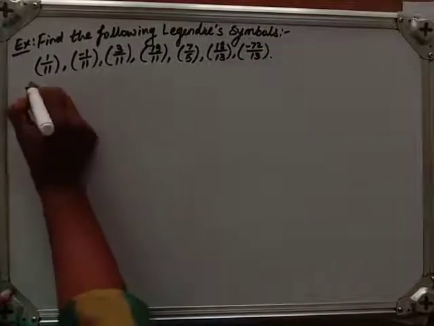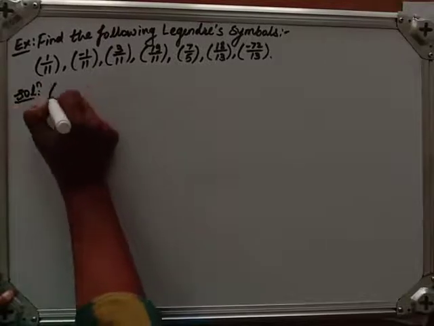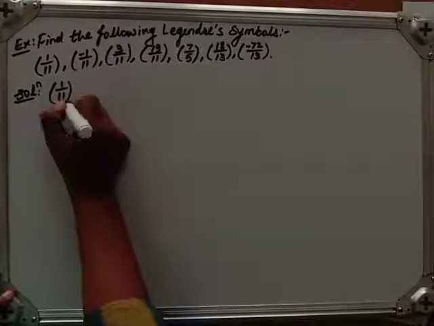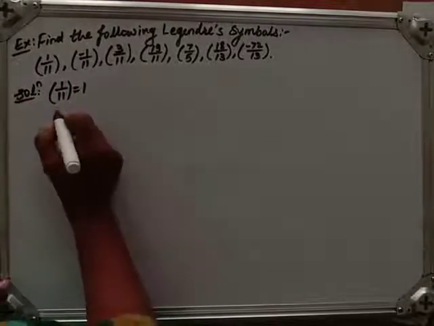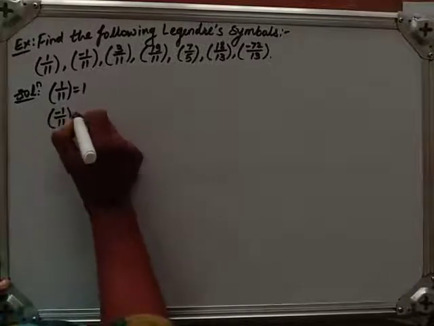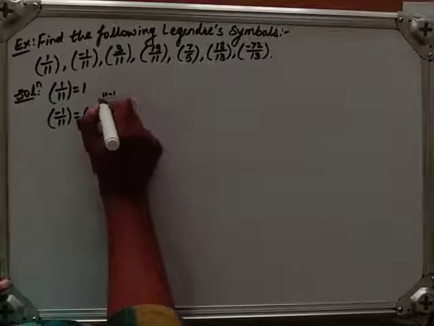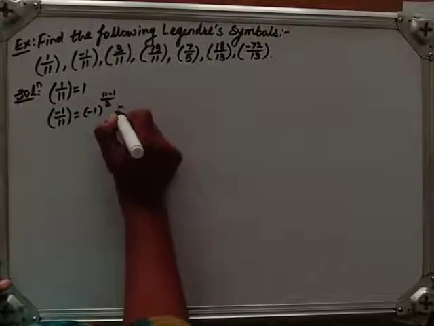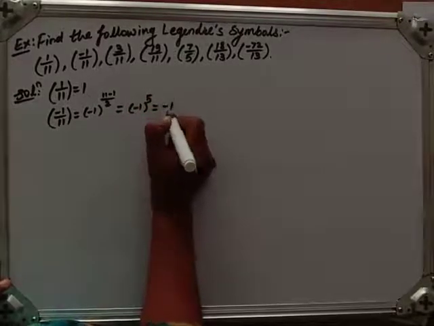Solution. Legendre symbol of 1 by 11 is obviously 1. 1 by p is 1. Now, Legendre symbol of minus 1 by 11 is minus 1 raised to p minus 1 by 2, that is 11 minus 1 by 2, so minus 1 raised to 5, which is minus 1.